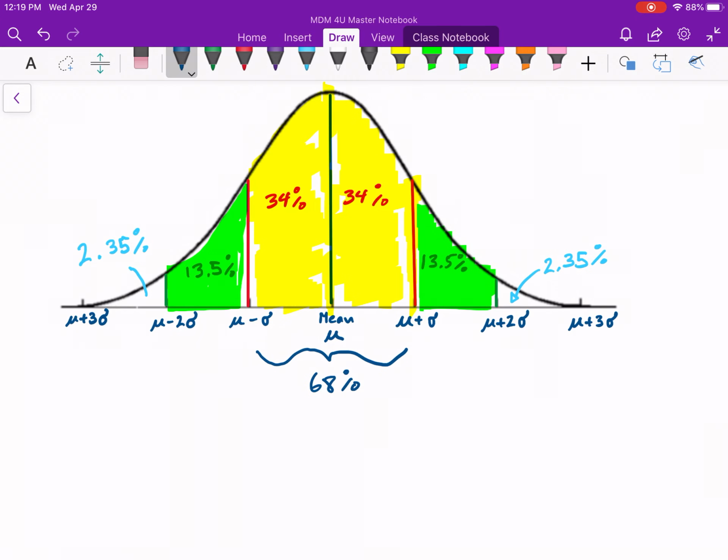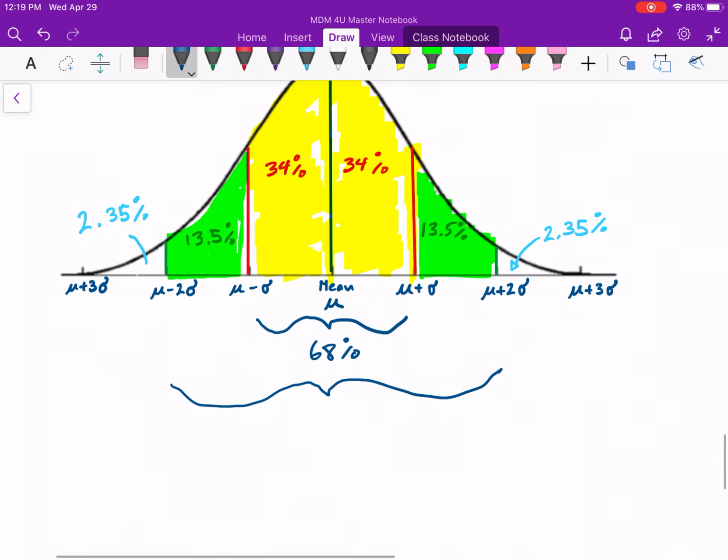If I add all of these 4 segments together, we already know that the ones I've colored yellow are 68%. The ones I've colored green, if I add them together, that's 27%. Adding it all up, that comes to 95%. Well, what's 95%? 95% of data in a set will be between 2 standard deviations below the average and 2 standard deviations above the average.